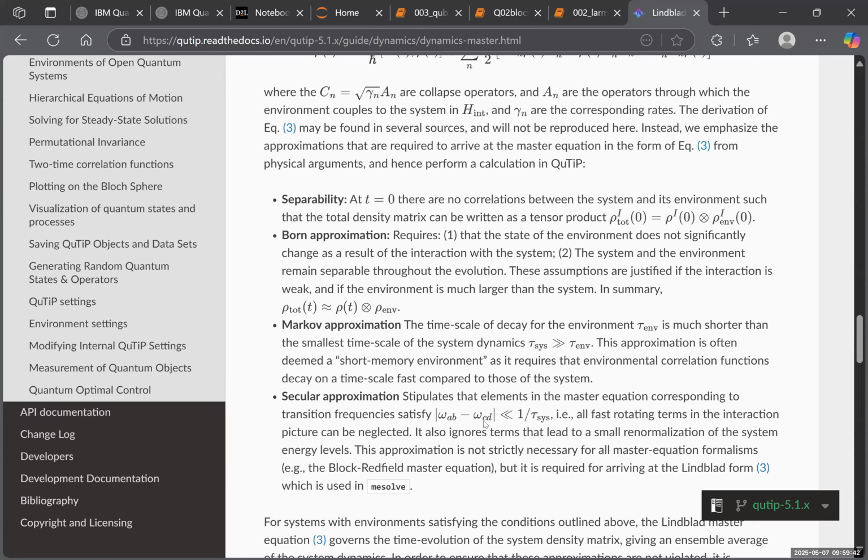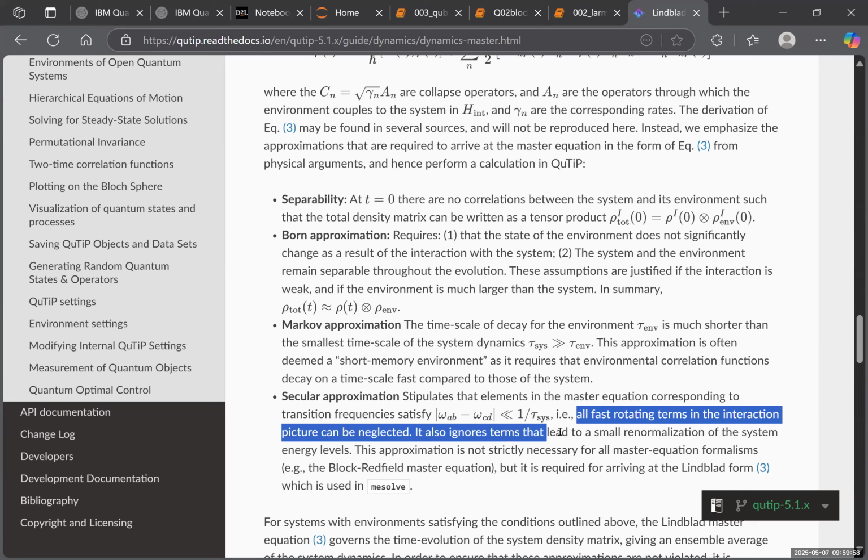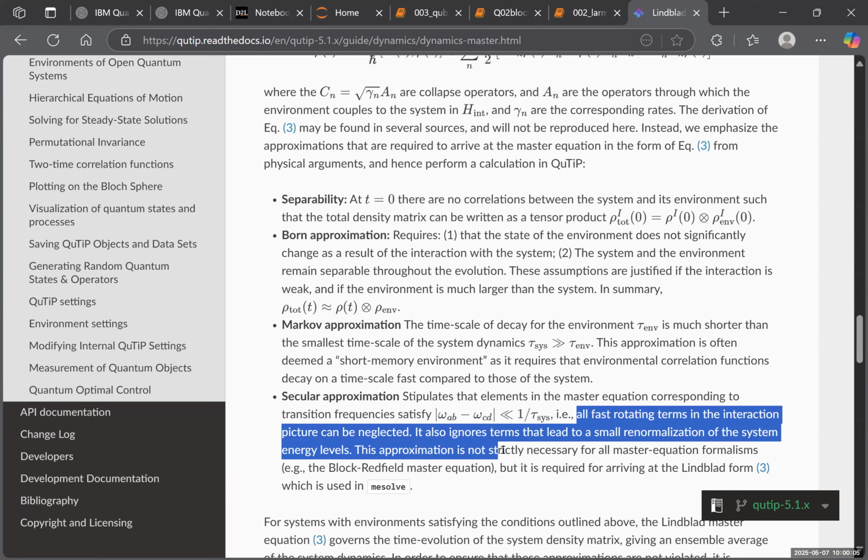These transition frequencies differ by an amount smaller than the system time scale. All fast rotating terms in the interaction picture can be neglected. Also ignore terms that lead to small renormalization of the system energy levels.